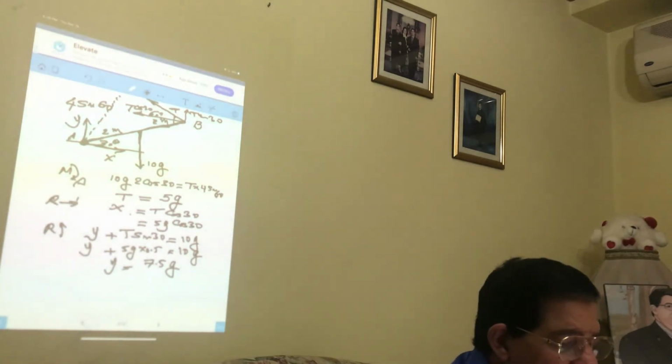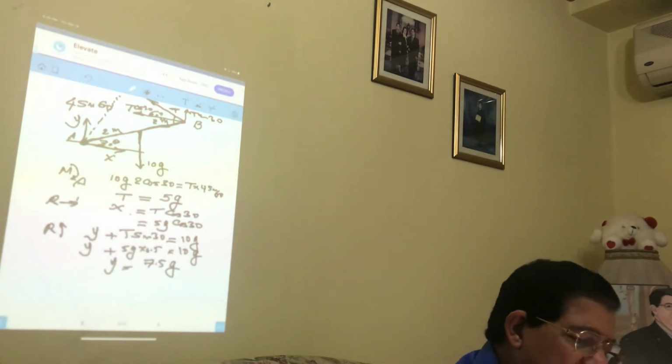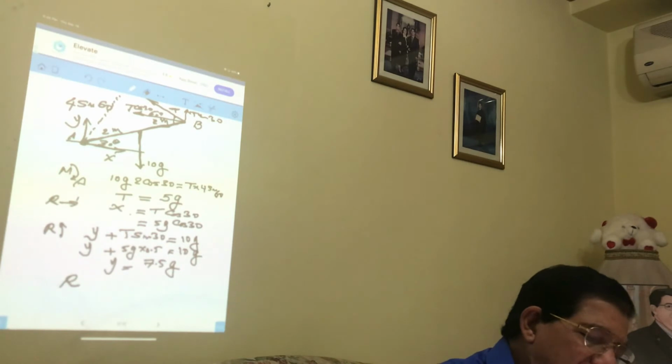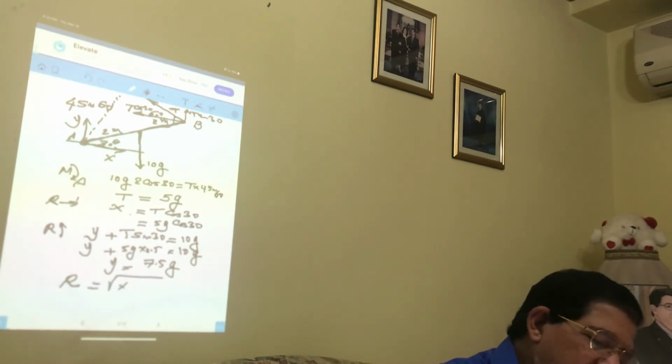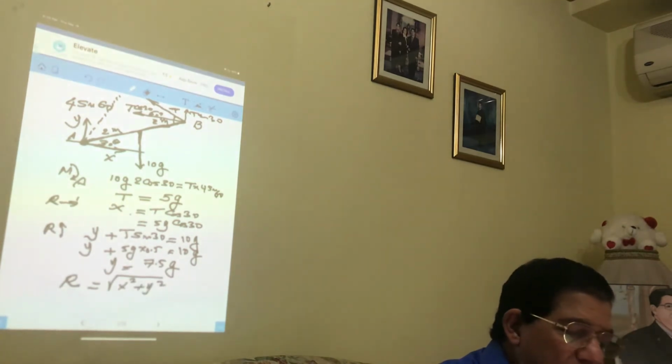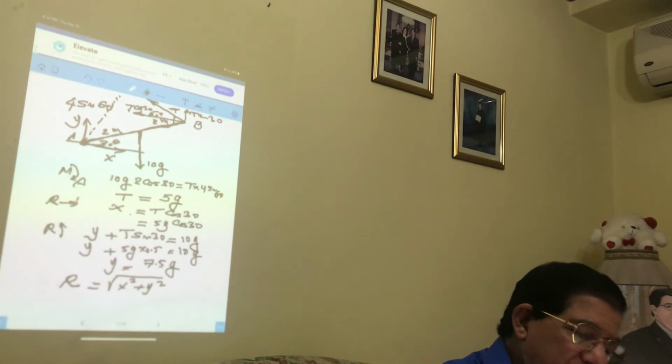We got the value of X and the value of Y. The resultant reaction R is the square root of x squared plus y squared. We got the resultant of the two forces.